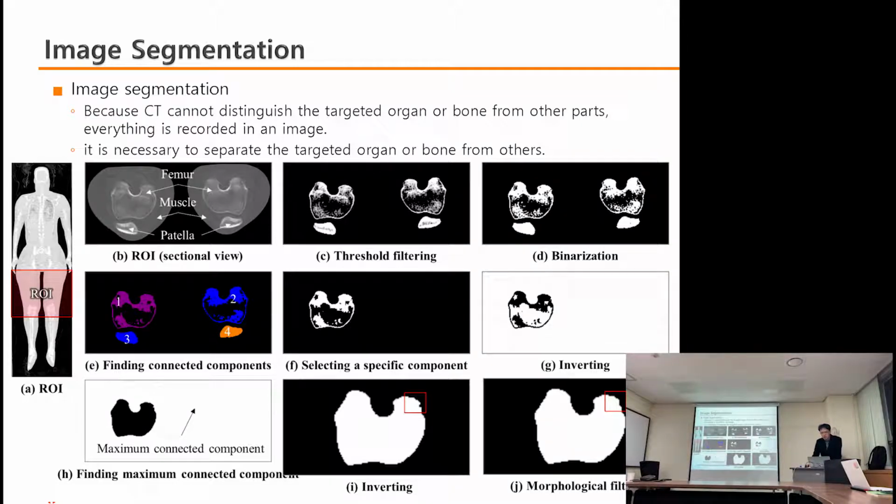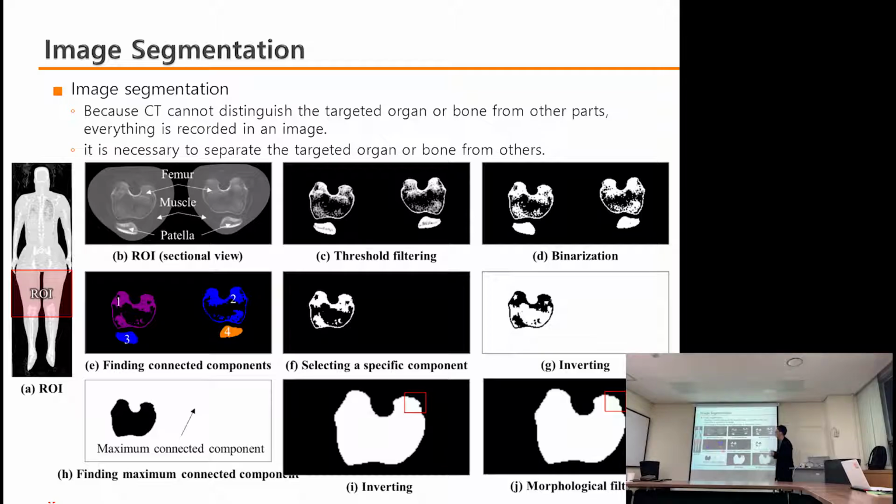And then, using the connected component finding filter, I clustered the pixels into several parts. If we try to find the connected pixels, this image can be divided into 4 parts, because the pixels in each part are connected to each other.